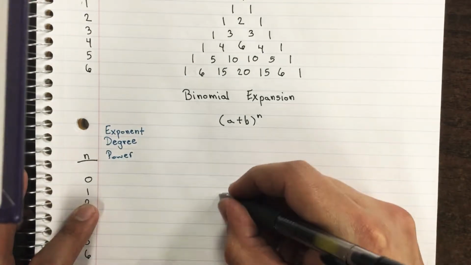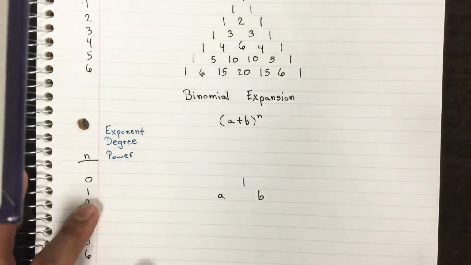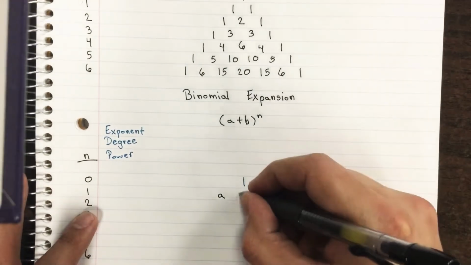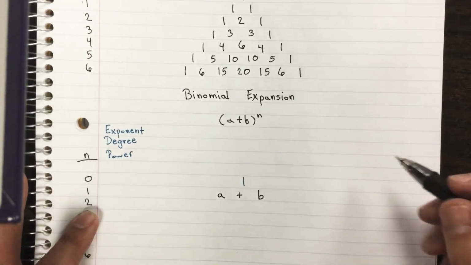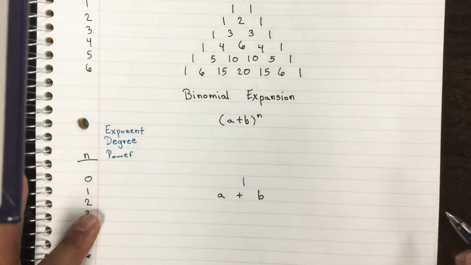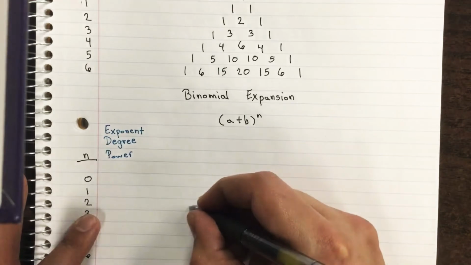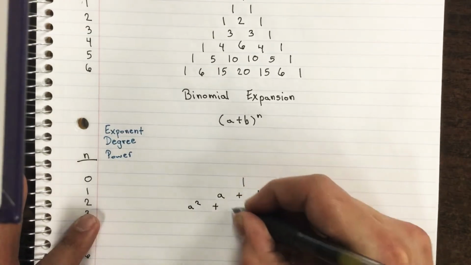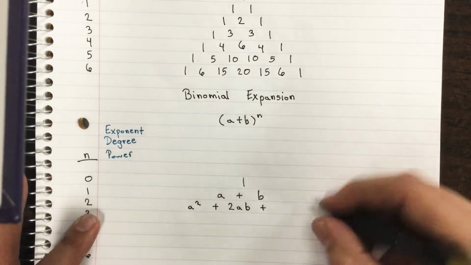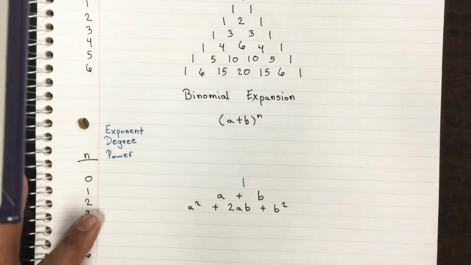So a plus b, with coefficients 1 and 1, okay? And then if a plus b to the 2nd power is really a squared plus 2ab plus b squared.